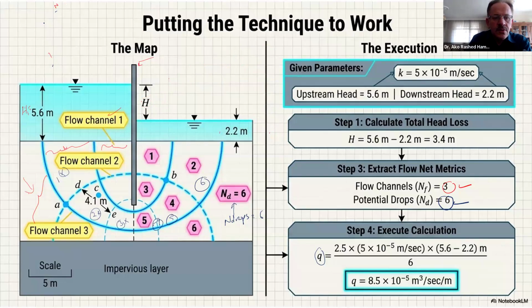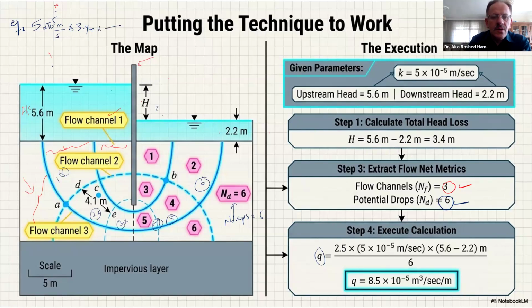So to calculate Q, it's equal to, first of all, K. K is 5 times 10 to the power minus 5 meter per second, times the delta H, that's the difference between those two, here 3.4 meter. Look at this one.